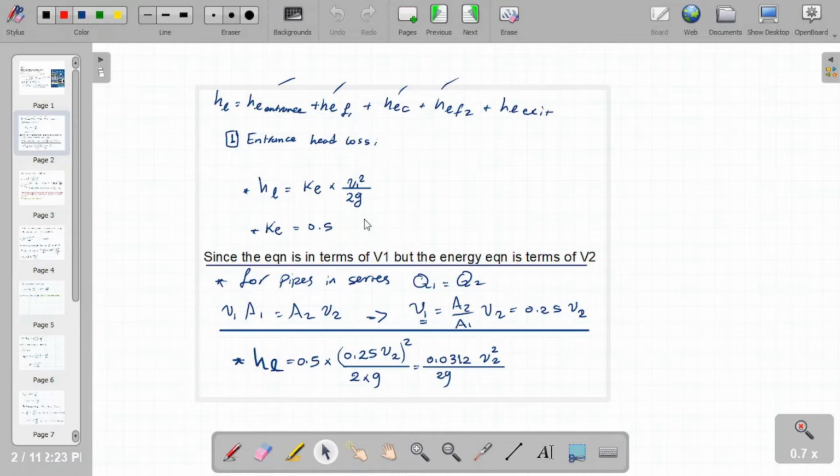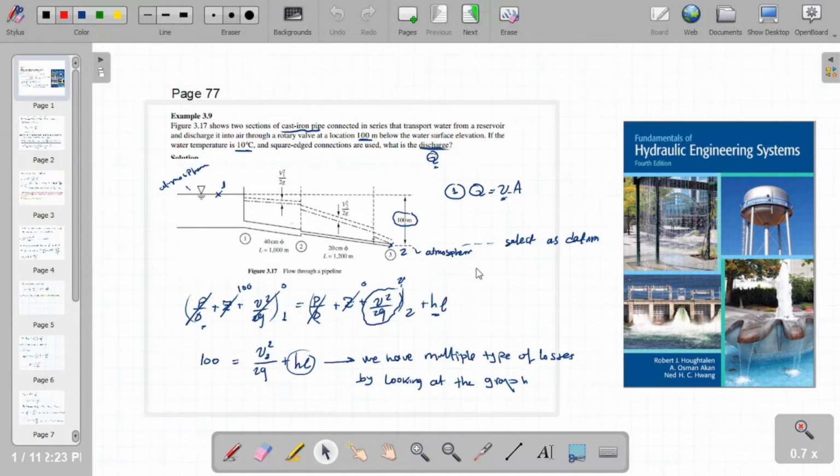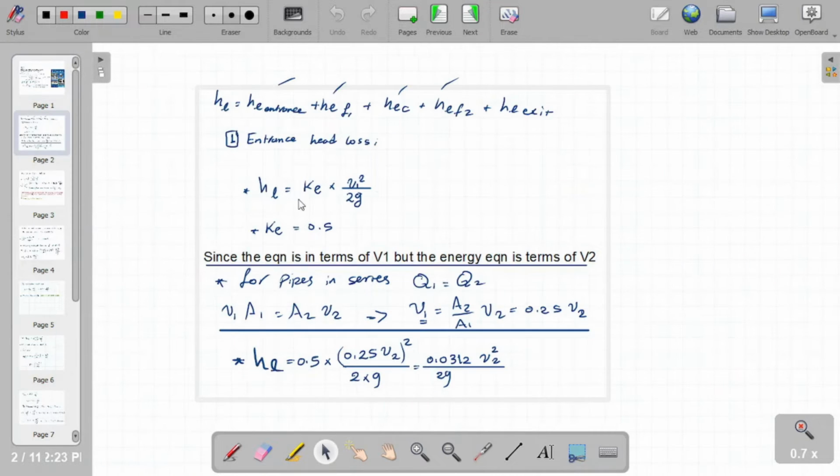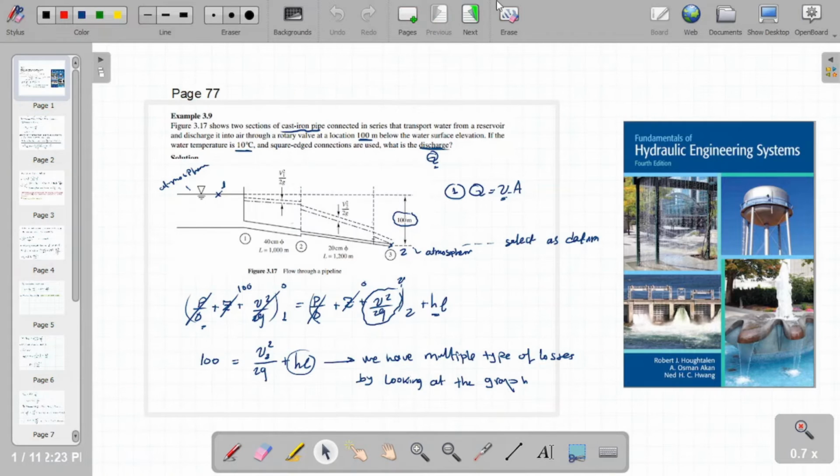Now you can find that there's a problem here. This equation is written in terms of V2, the velocity at point 2, but we're writing at least one term of the head losses in terms of V1, which is the velocity here.